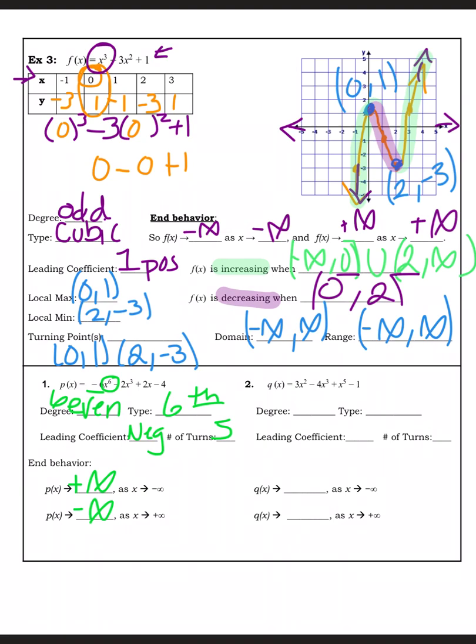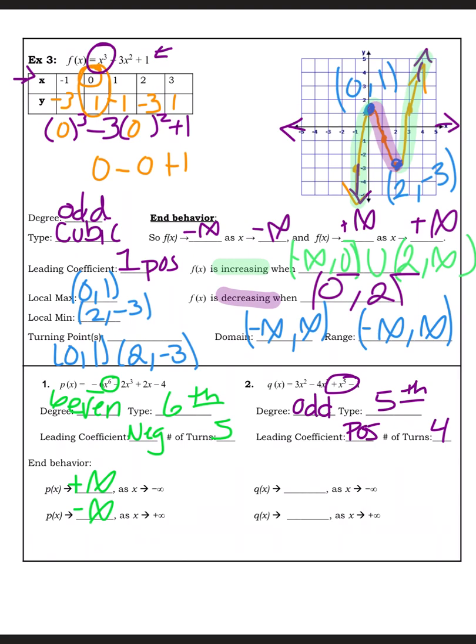Our biggest exponent is not right there. Sorry, it is right here. Alright, so it is an odd degree, and our leading coefficient is positive. It is the 5th power, and your number of turns is going to be 4.